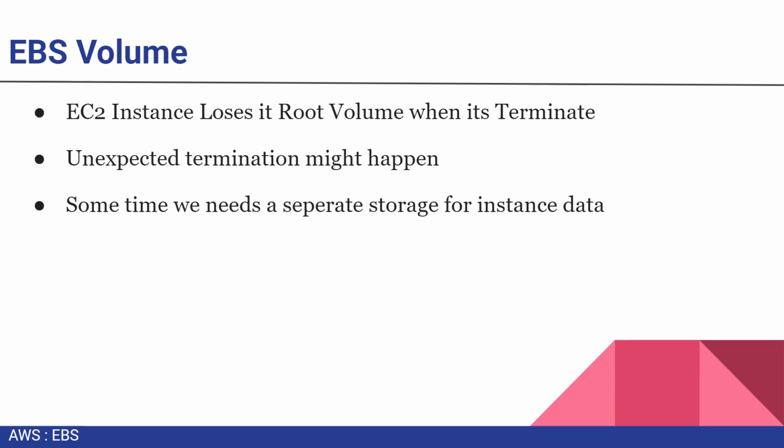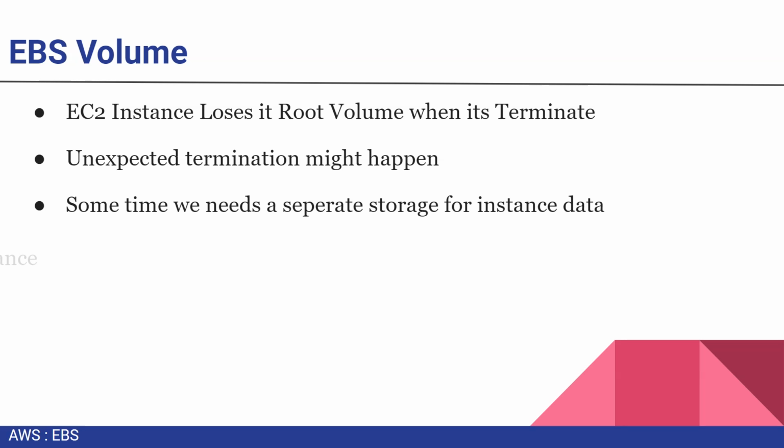So here is the question: sometimes we need separate storage for your instance data, like an additional drive. In your Windows system, you have a C drive and a D drive for specific data storage, the same as you make a network storage drive for your backup.